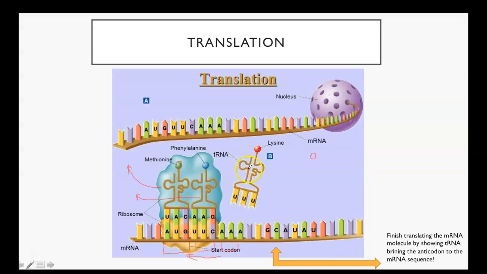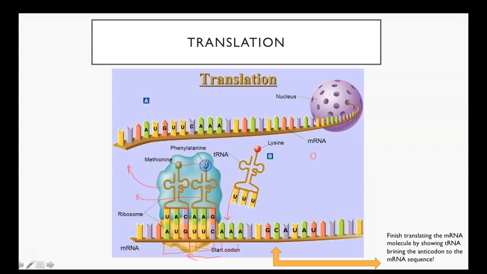Notice how this tRNA has a complementary anticodon so that it can bond perfectly to this codon right here. And what you see is that this tRNA is picking up the correct amino acid needed to make this protein. Once it has that amino acid, it's going to come here, bond to the codon, and drop off that amino acid.